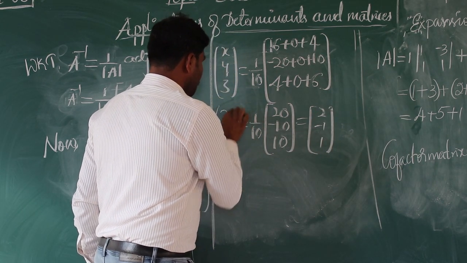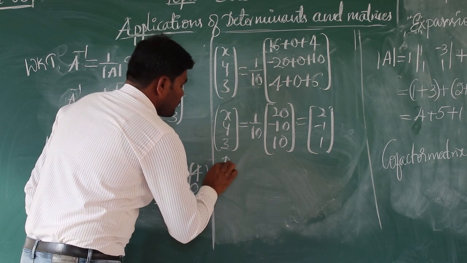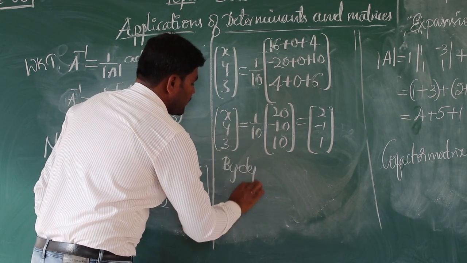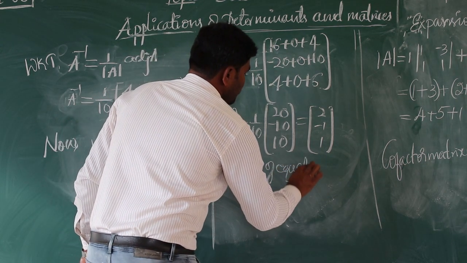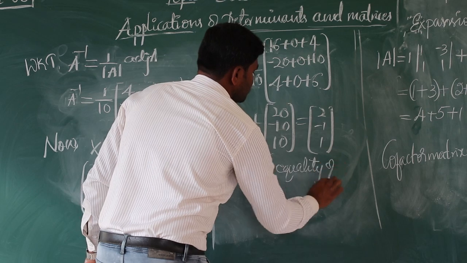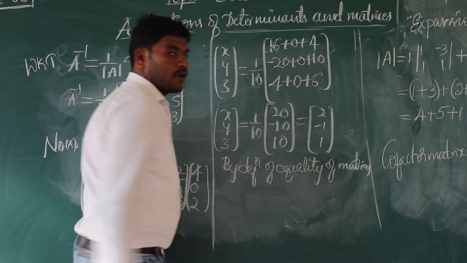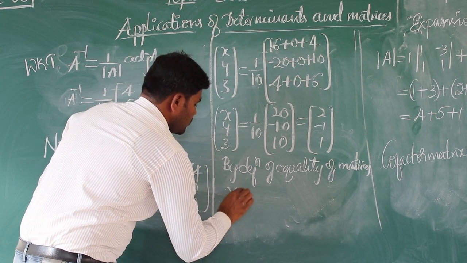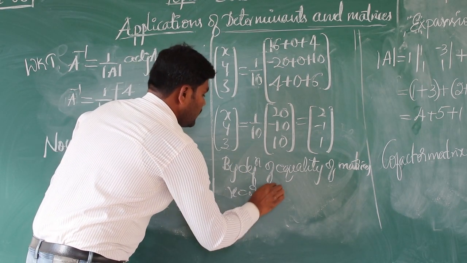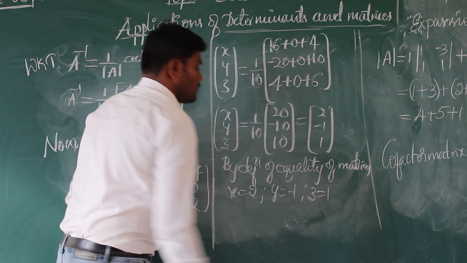Now by definition of equality of matrices, you get x is equal to 2, y equals minus 1, and z is equal to plus 1.